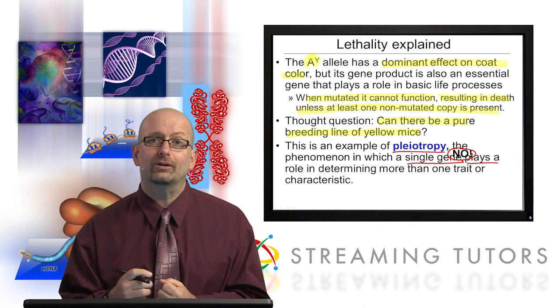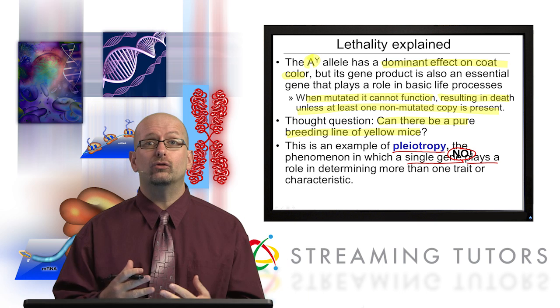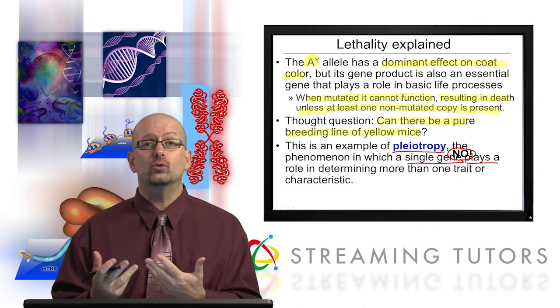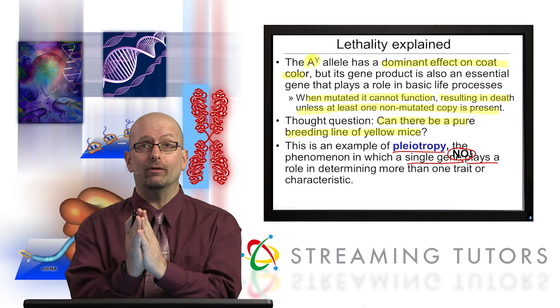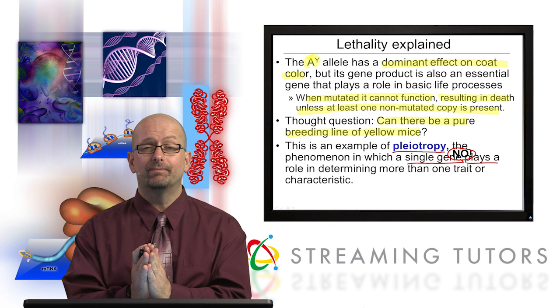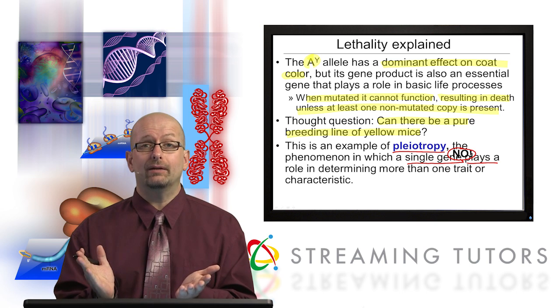It's almost the opposite of something we saw before. Before, we have seen a situation where 2 different genes, 2 non-allelic genes or 2 different loci, come together to determine one trait. Here we have one locus that's having an effect, in this case, on 2 traits, and sometimes it can even be more.